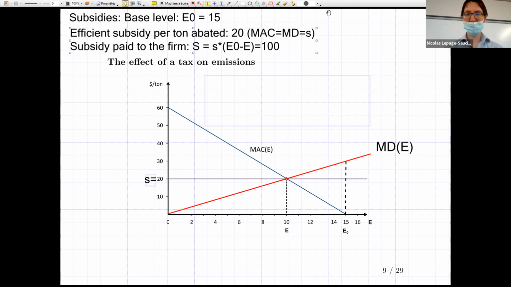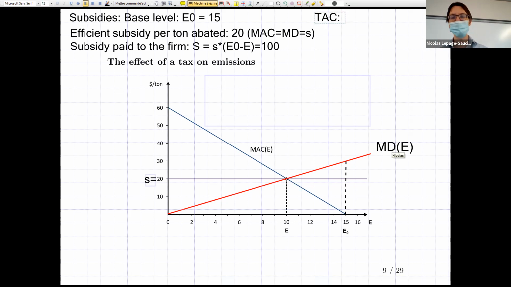What is the total abatement cost for the firm? How do you find it? So that would be this, right? So this is the total damage averted. Yeah, it's the area under the marginal damage curve.